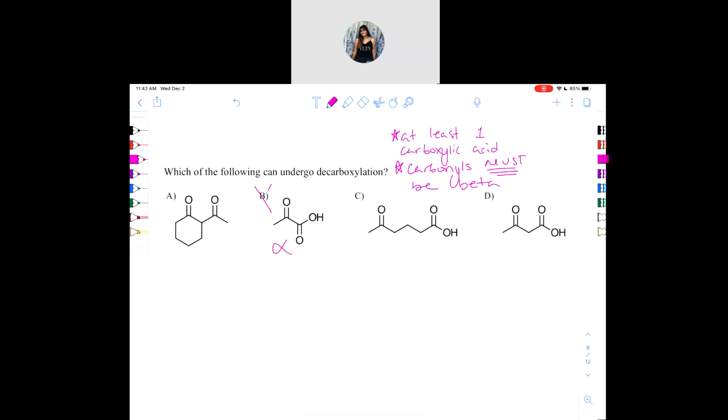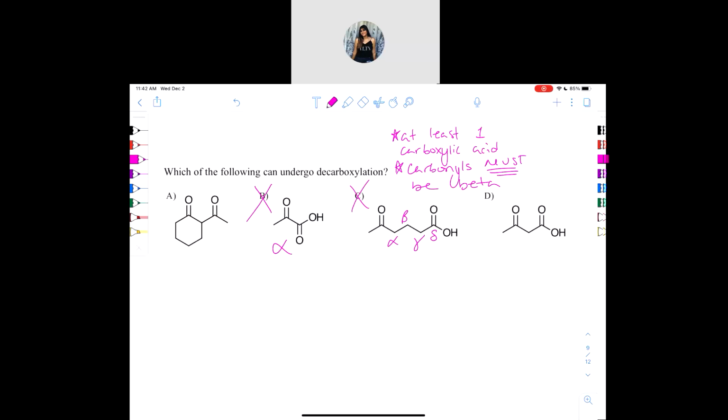Alpha, exactly. So these are alpha to one another. This is out. For C, those are for sure not beta. It's actually going to be alpha, beta, gamma, delta. So that is way off.